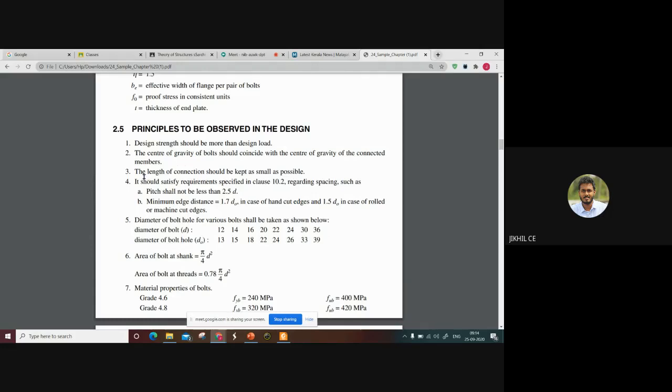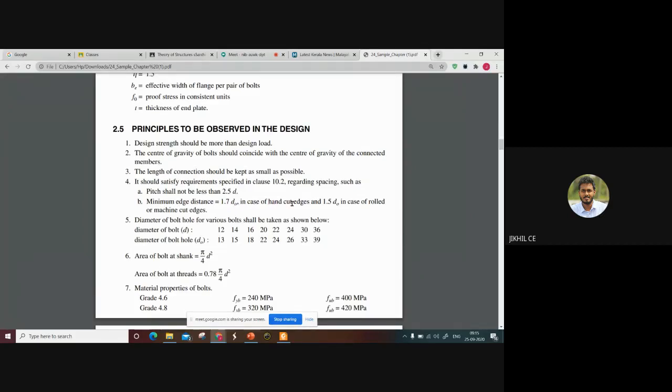Then the length of connection should be kept as small as possible. It should satisfy requirements specified in clause 10.2 regarding the spacing, such as the pitch shall not be less than 2.5D and the minimum edge distance should not be less than 1.7D0.